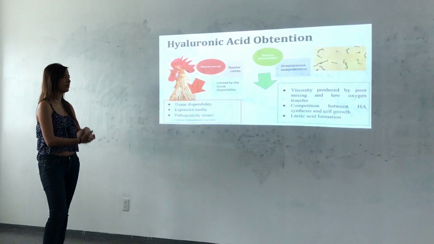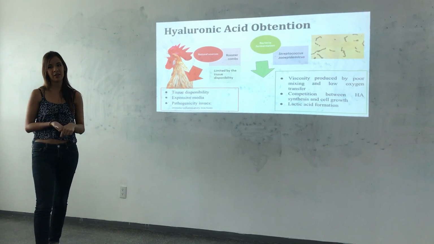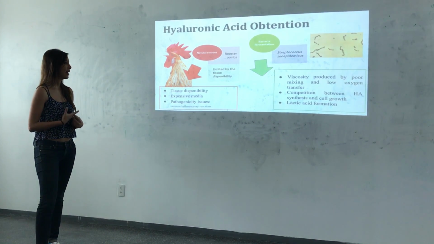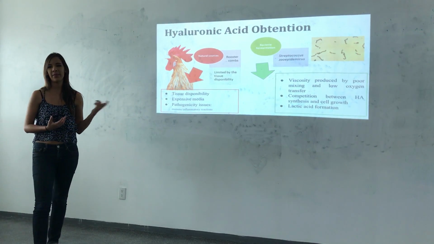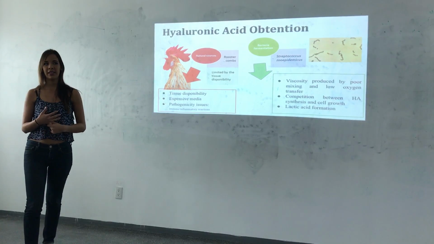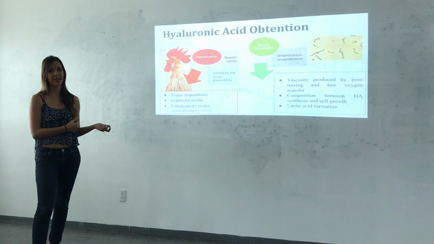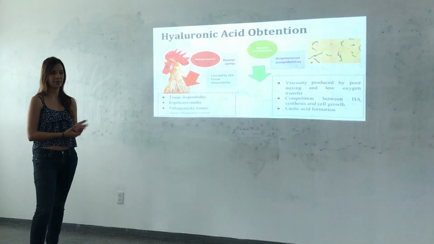If there are not a lot of rooster combs, then we won't have a lot of hyaluronic acid. Also, the medium is expensive, and it presents pathogenicity issues when transferring the hyaluronic acid from the rooster combs.